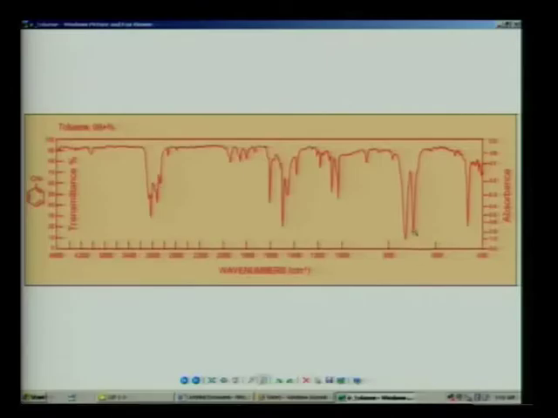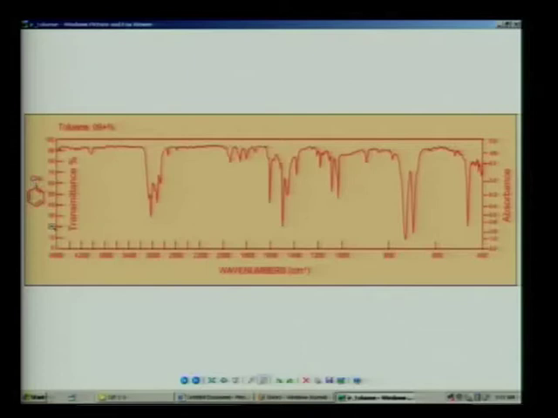And then we also have one near 670, that 680 centimeter inverse, and again at about 750 you see additional lines. So for toluene you see lines similar to benzene, but in addition you see extra lines due to possibly the oscillations of CH3.